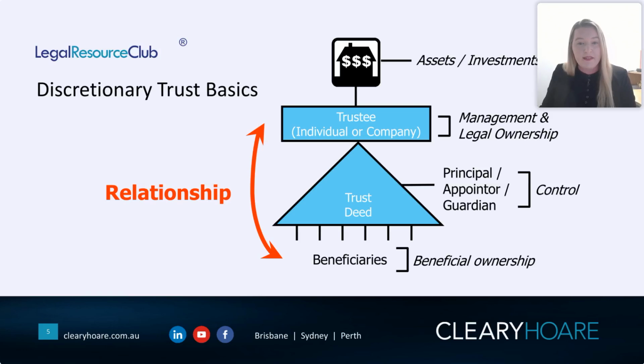And we've got that trustee managing those assets in accordance with the rules of the trust deed for the benefit of the beneficiaries down the bottom. In addition, we'll also have the role of the principal or the appointor or sometimes even the guardian. And that's where we really do have the control of the trust. Again, we'll come back to that position in a bit more detail later on.